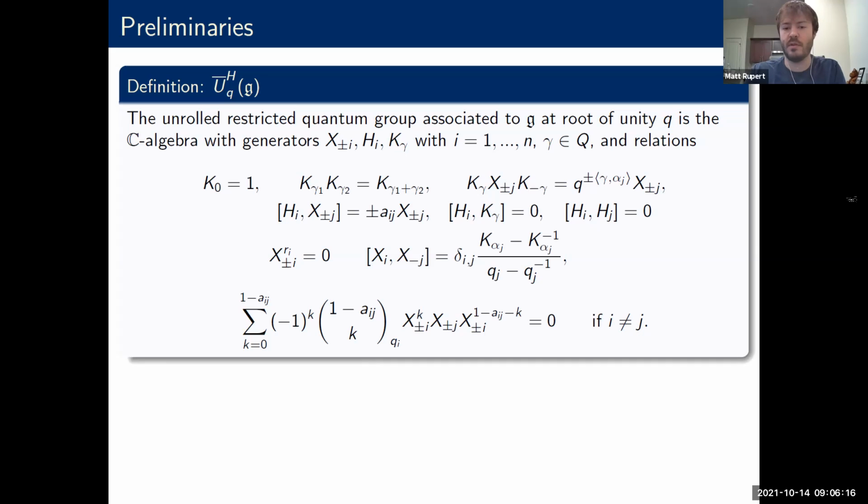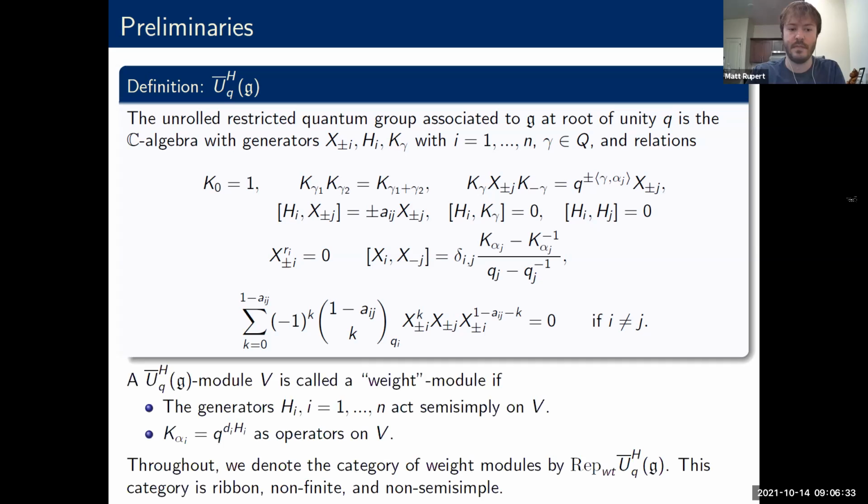So what this unrolled quantum group is: you take this unrestricted specialization, and you add some generators H with some natural relations. In our case, we quotient, because it's the quotients that correspond to vertex operator algebras.